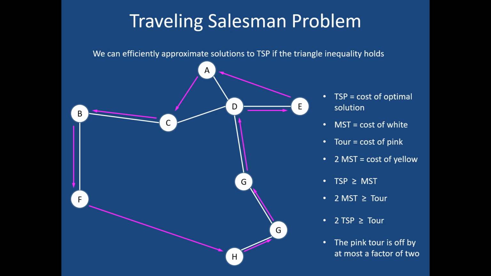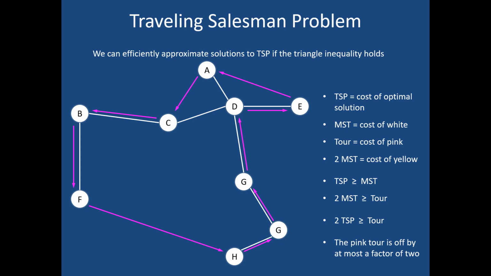TSP is the shortest cycle, right? So remove any edge from the TSP. Okay. That'll make the TSP even smaller. But what do you have left when you remove one edge from the TSP? MST. You have a spanning tree. Right? The spanning tree is any way to hook everything up without a cycle.